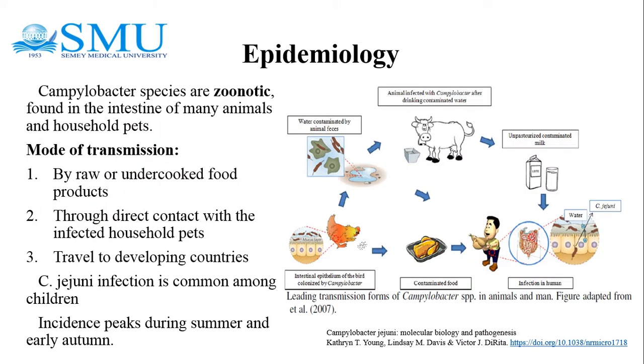Epidemiology: Campylobacter species are zoonotic, found in the intestines of many animals and household pets. Modes of transmission are raw or undercooked food products, direct contact with infected household pets, and travel to developing countries. Campylobacter jejuni infection is common among children, and incidence peaks during summer and early autumn. Most cases of human campylobacteriosis present as isolated episodes, but outbreaks are also observed.